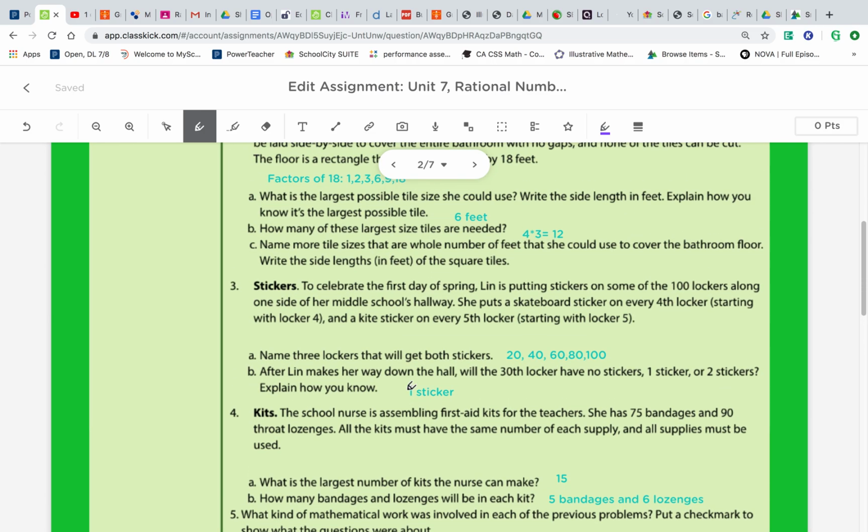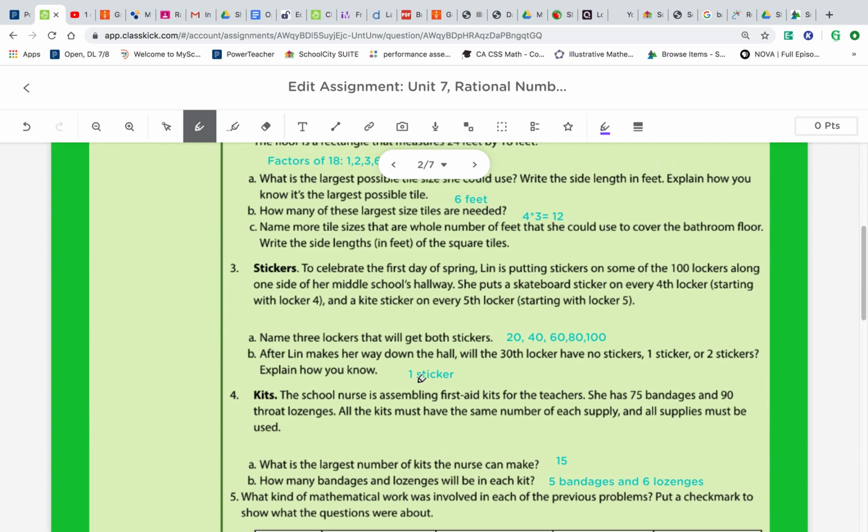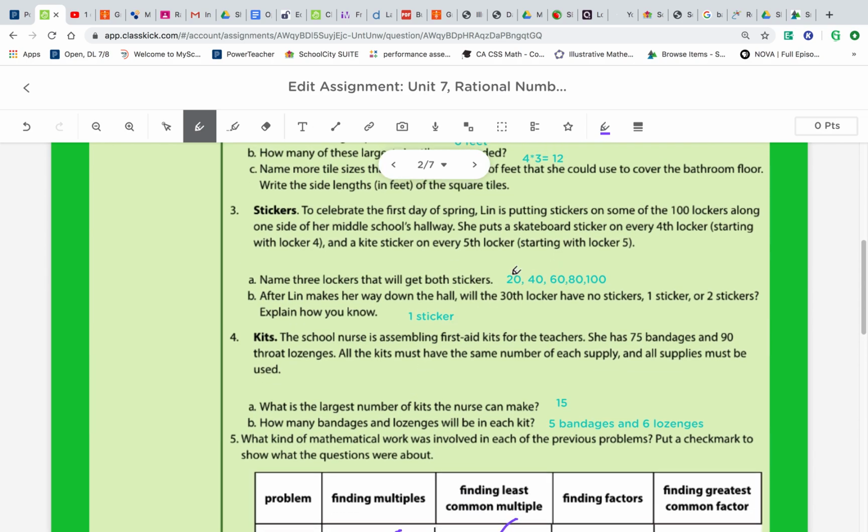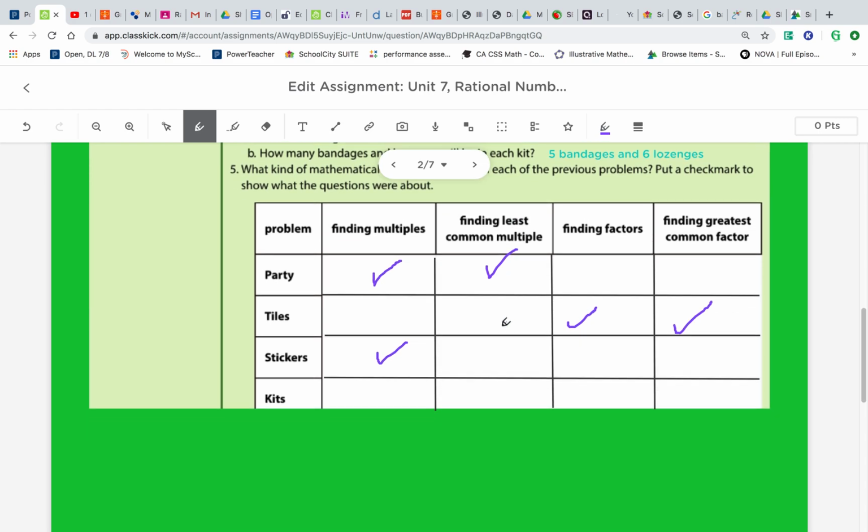Okay, did we find the least common multiple? Well, we did, because the first locker that was going to get both was 20. That's the least common multiple, the first one that gets both. So we did find the least common multiple there, even though they didn't specify it.